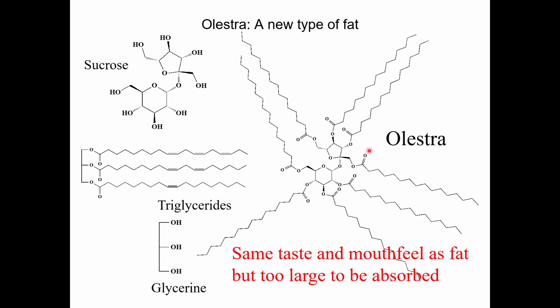As a result, it was a completely different shape, and the human body didn't know what to do with it, so it would not be absorbed by your metabolism at all. You would eat it, and it would just go through your digestive system all the way out the bottom, like a little fatty, gross bit of olestra.